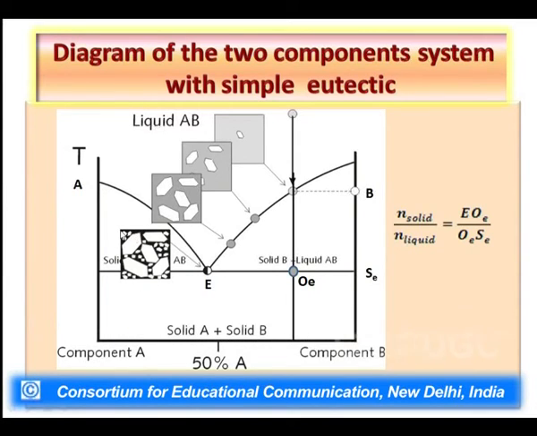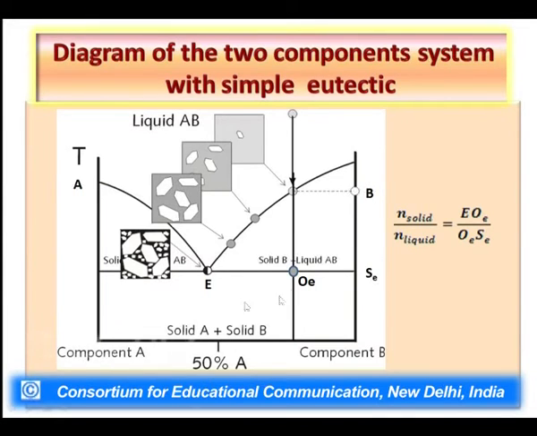You can see the black color in this square box represents solid substance A, whereas the small white patches and these big patches of white color represent pure component B.